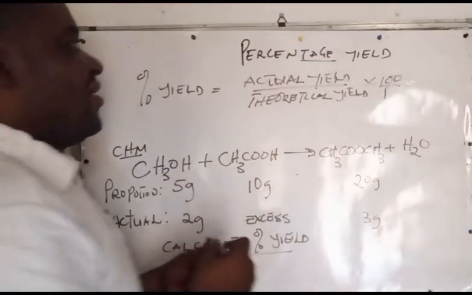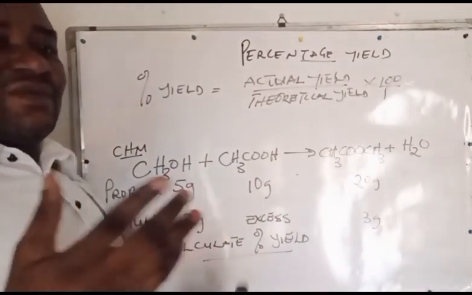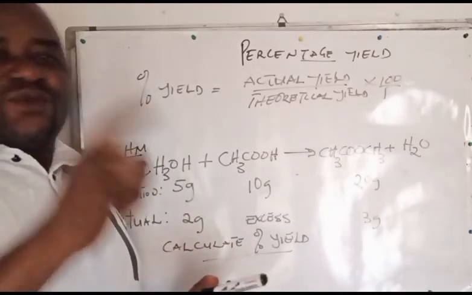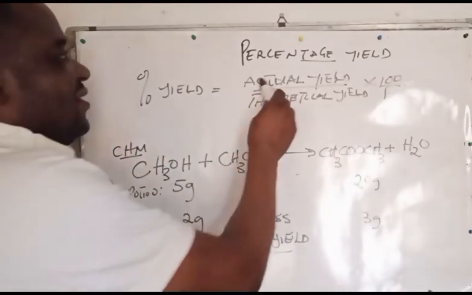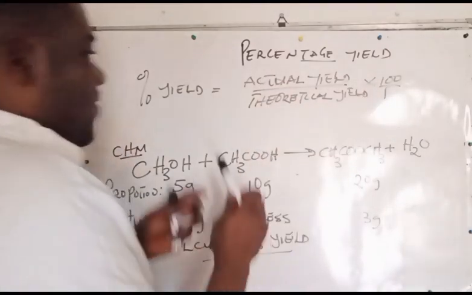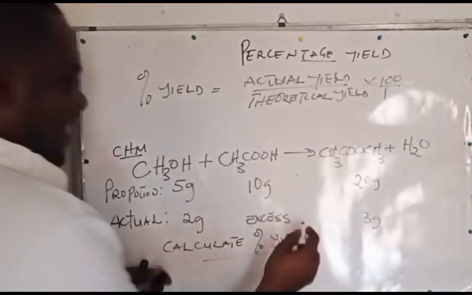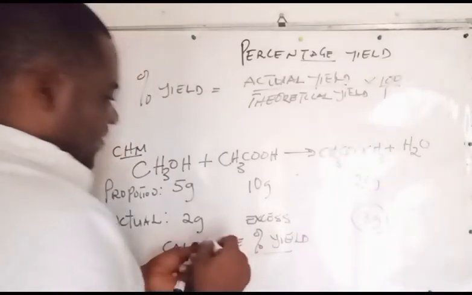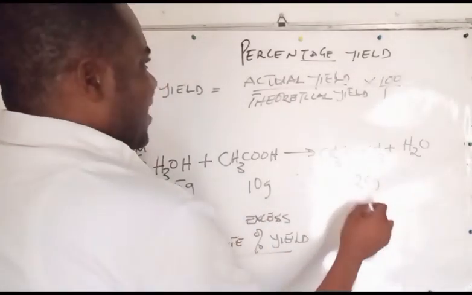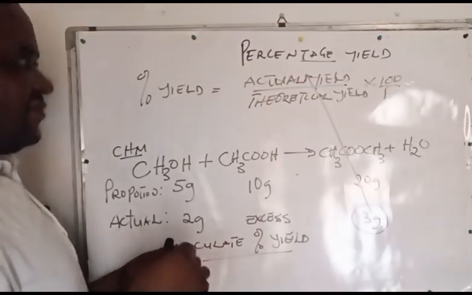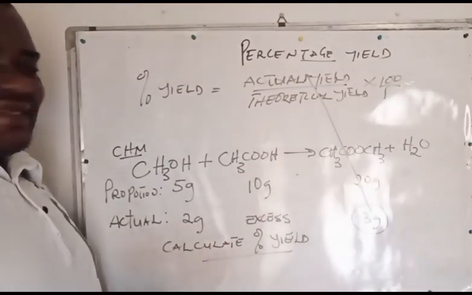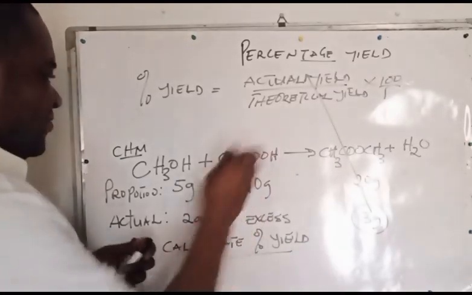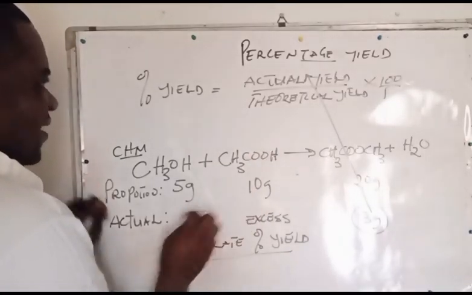That takes us to the mathematical aspect, where we place, for example, 2 all over 10 times 100: the actual over theoretical times 100. In this scenario, we already have an actual value from the experimentation, which was the yield. What we are going to determine now is the theoretical yield.